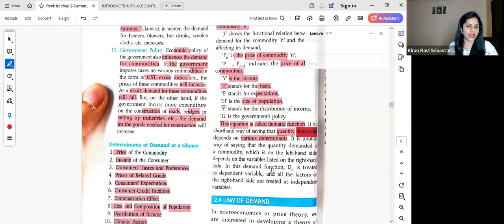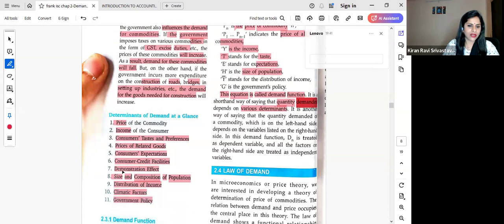One more thing does not come: demonstration effect also does not come. So demonstration effect, climatic factors, and consumer's credit facility do not form a part of your demand function.